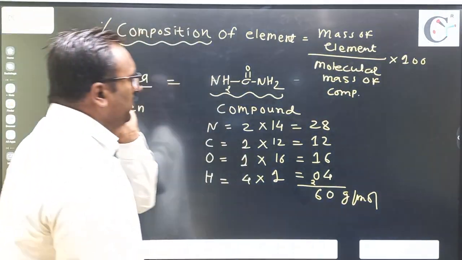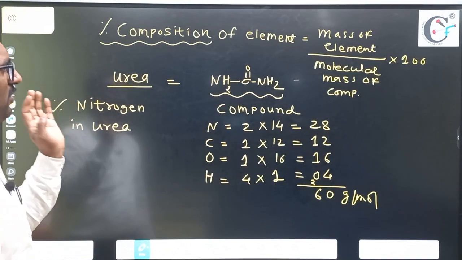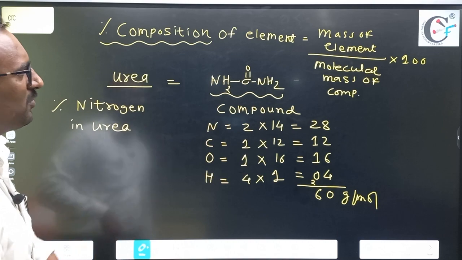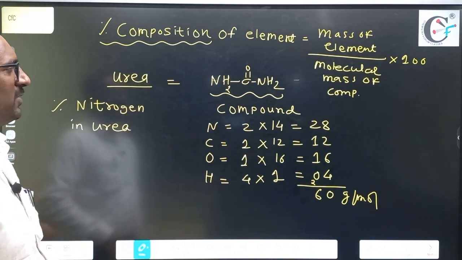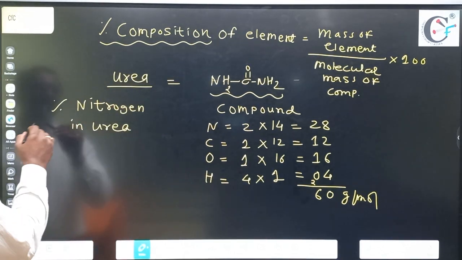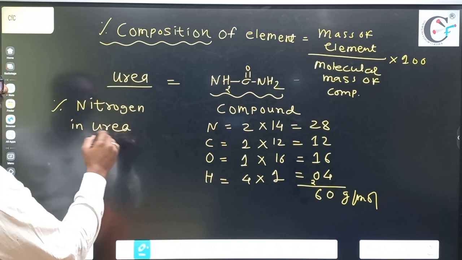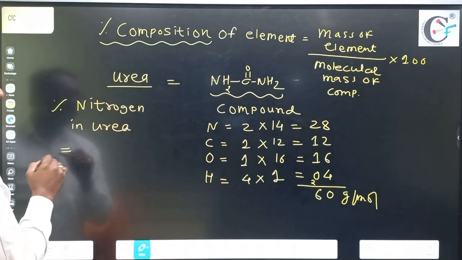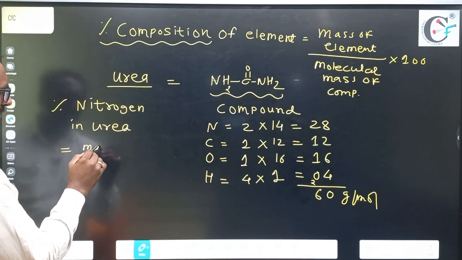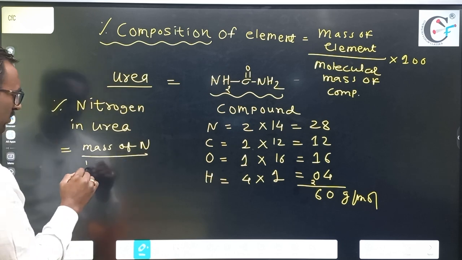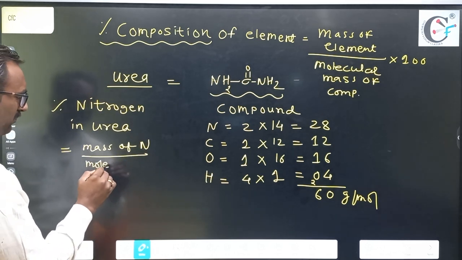Now it is a very easy job to calculate the percentage composition of nitrogen or any element in urea. Use our formula. Here we are calculating the percentage of nitrogen in urea. Mass of nitrogen in urea upon molecular mass of urea.